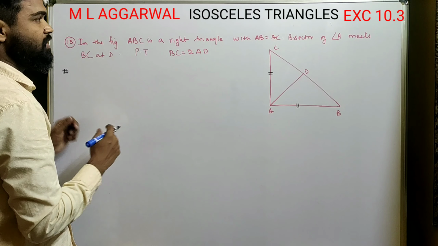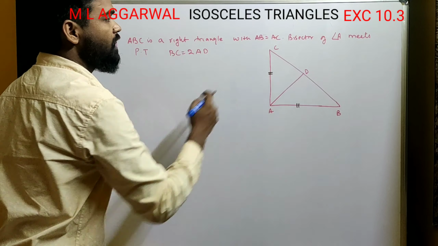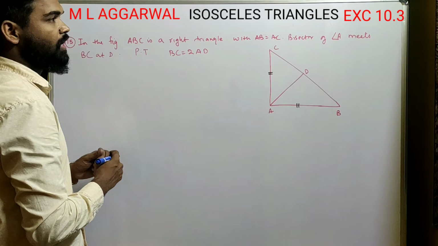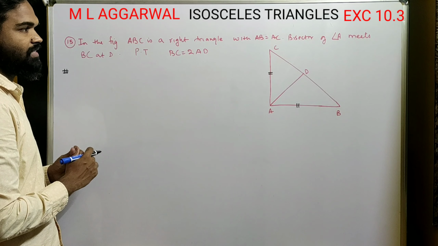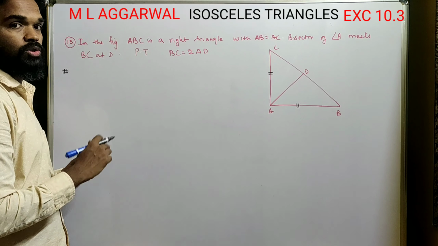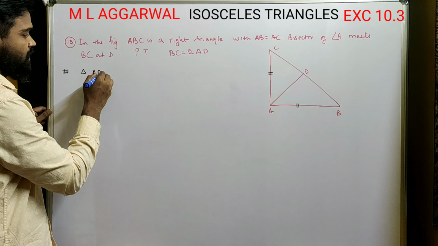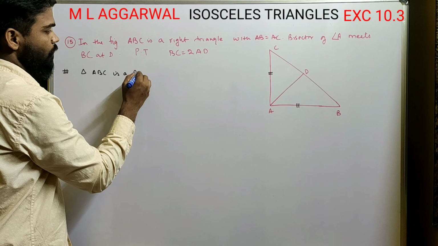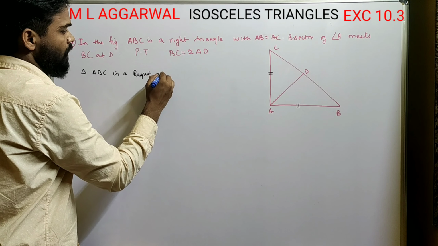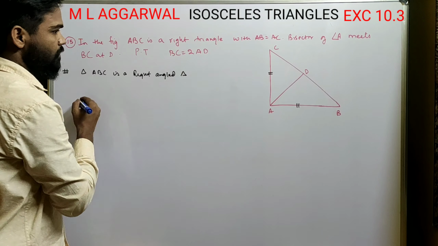In the figure ABC, AB is equal to AC. Bisector of angle A meets BC at D. Prove that BC equals twice ED. Now look carefully. Triangle ABC is a right angle triangle.